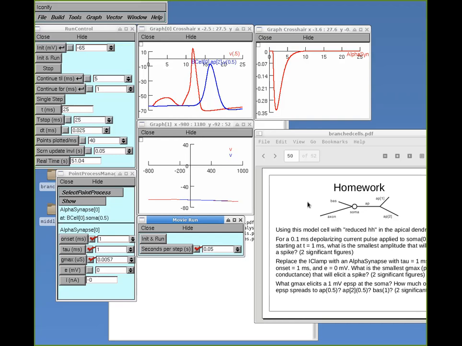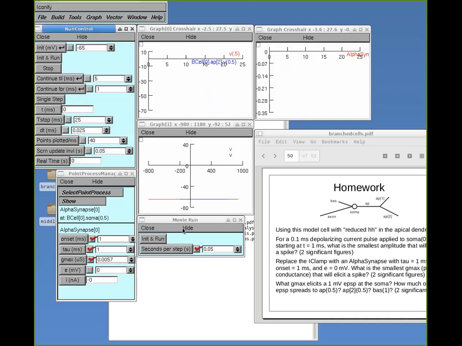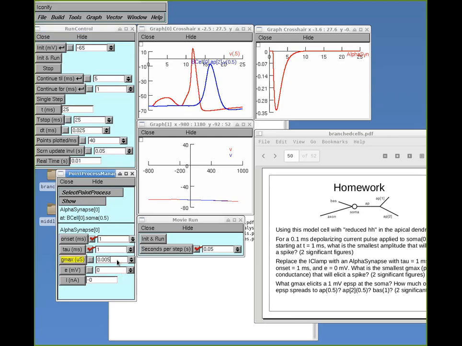So now, when it came time to do the 1 millivolt EPSP at the soma, that raises its own issues. Let's go back to subthreshold, say 0.005 nanosiemens, and we look at that depolarization there.